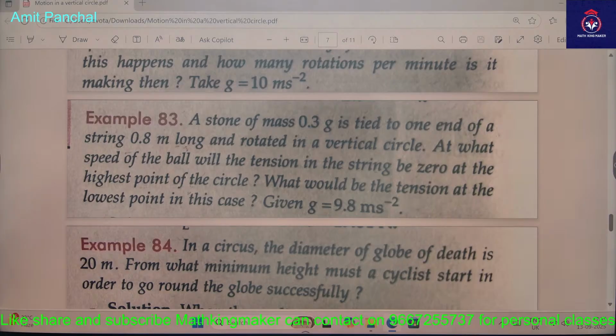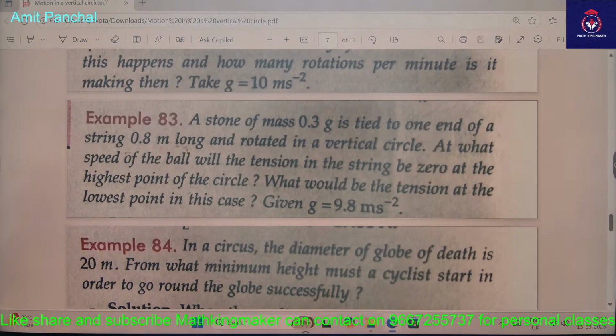Find the tension at the lowest point. So what will happen in this case? v square by R is equal to tension minus mg.